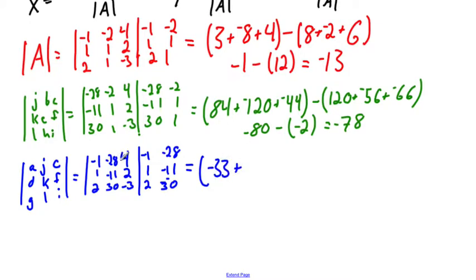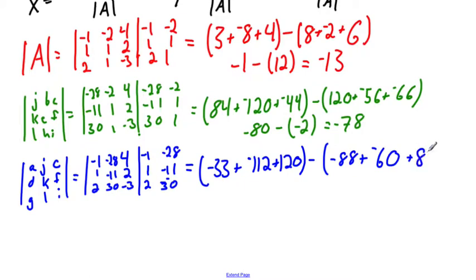I'm going to add that to negative 28 times 2 times 2, or 112, and I believe that's a negative 112, plus 4 times 1 times 30, which is 120, minus 2 times negative 11 times 4, that's going to give me a negative 88, plus 30 times 2 times negative 1, and that's going to give me a negative 60, and a negative 3 times 1 times 28, that's going to give me a positive 84.